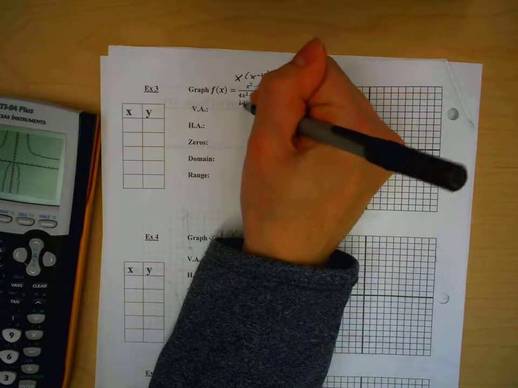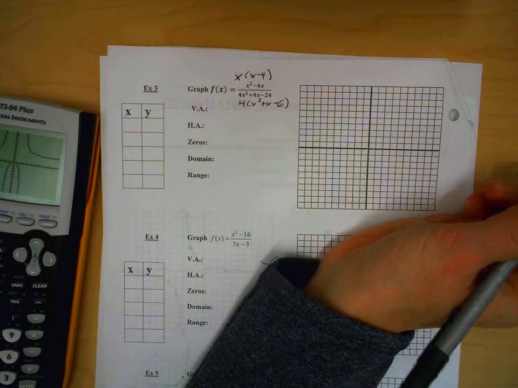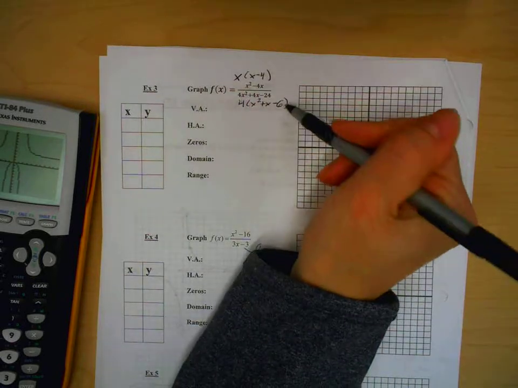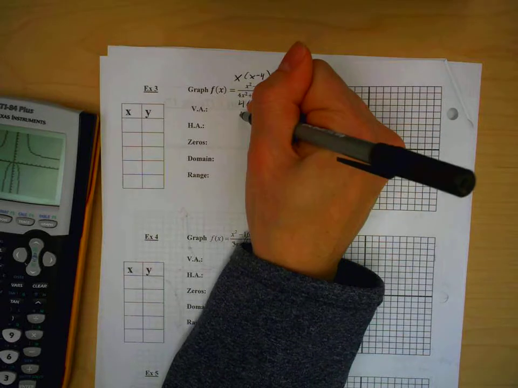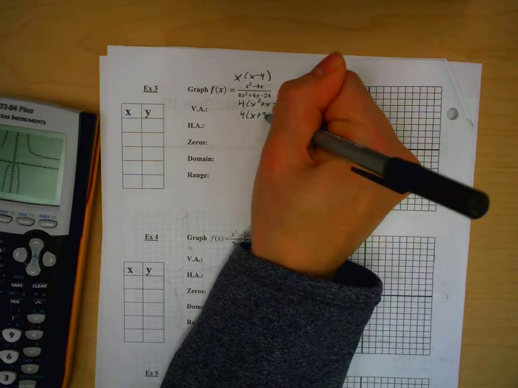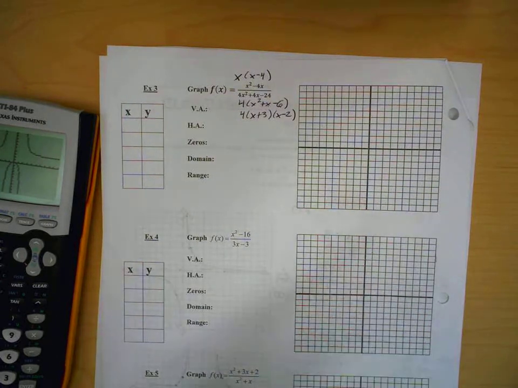So I have a GCF of 4, which gives me x squared plus x minus 6. And then I can keep going, because now I'm looking for two numbers that multiply to be negative 6 and add up to be 1. And that would be positive 3 and negative 2. And then I look and make sure there's nothing I can cancel. There's nothing the same on the top and bottom.